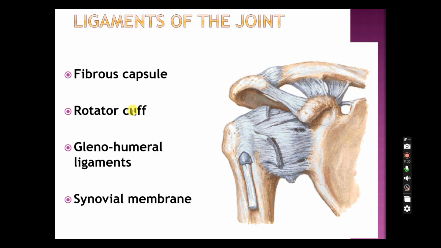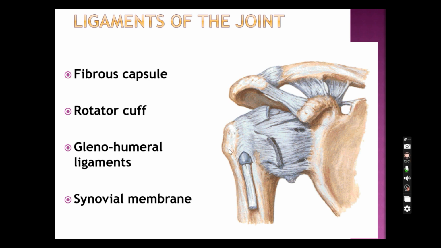Another thing we'll be seeing here is the rotator cuff. What do you mean by rotator cuff? You know that the four small muscles which arise from the scapula and insert onto the greater or lesser tubercle of the humerus are the subscapularis, taking origin from the subscapular fossa and inserting onto the lesser tubercle, and the supraspinatus, infraspinatus, and teres minor, which are attached onto the upper, middle, and lower impressions on the greater tubercle.